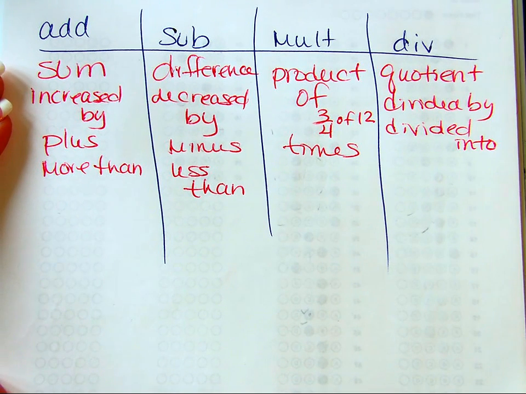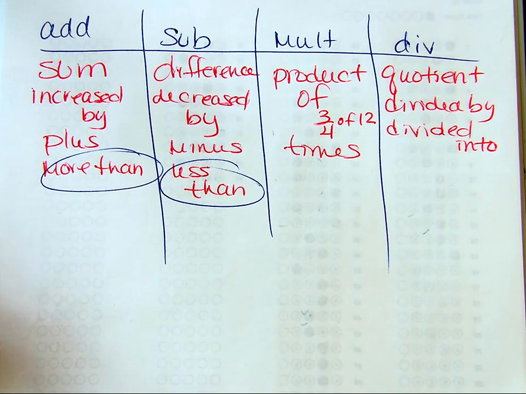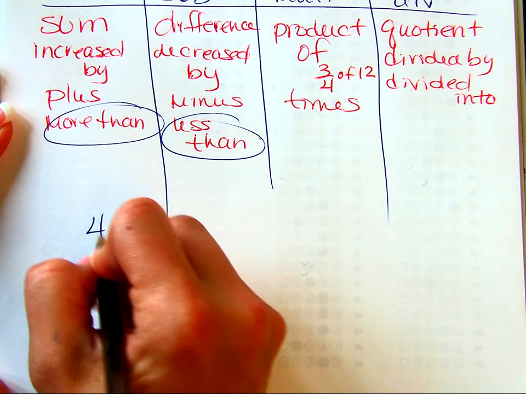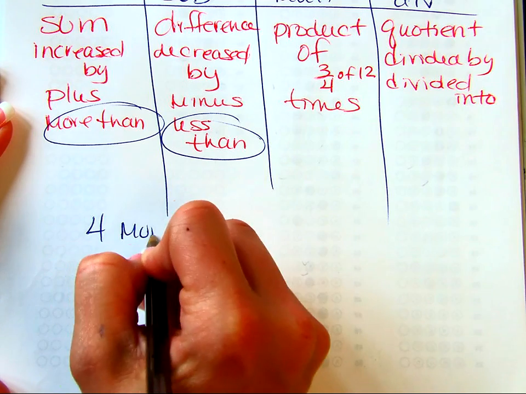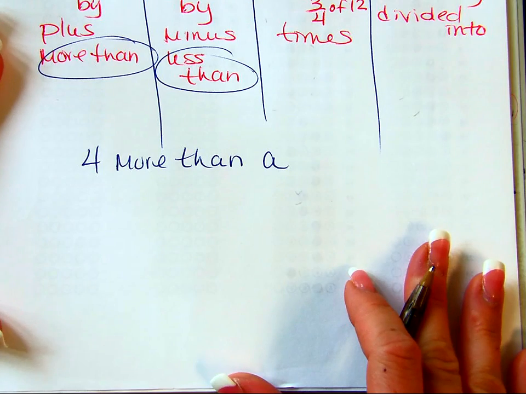Okay, most of these are pretty self-explanatory. I want to spend a little bit more time on the more than or less than, just because it's kind of something that might screw you up here. If I were to say, show me what 4 more than A is, write the expression.